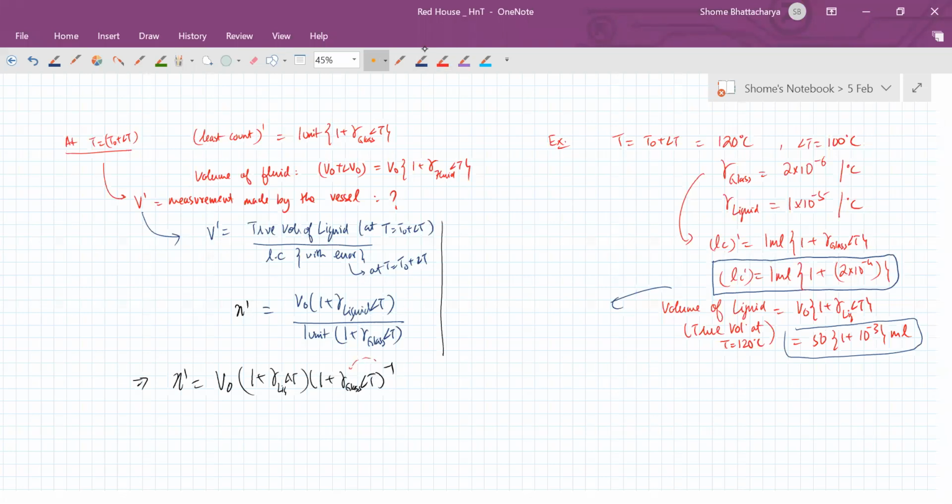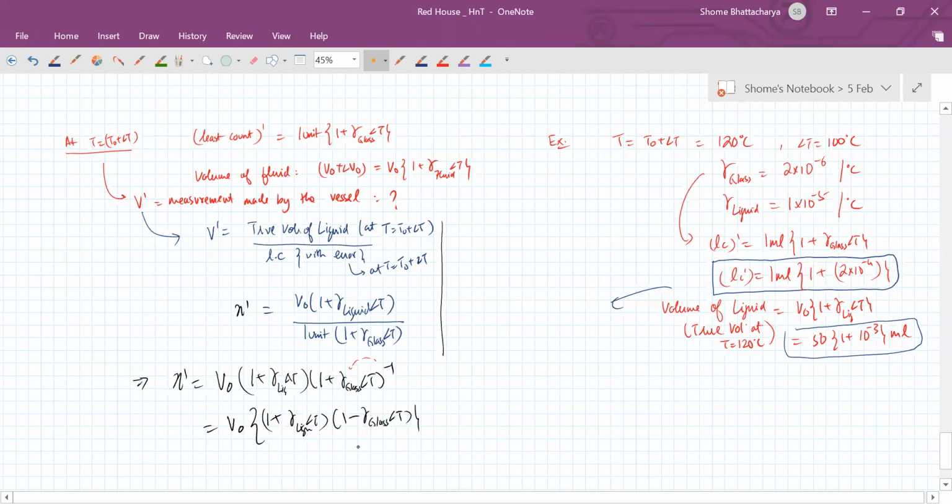So I'll bring this inside this power. So it will become V naught into 1 plus gamma of liquid delta T into 1 minus gamma of glass into delta T. And then I will expand this and neglect the fourth term, which has the product of two gammas. So this is actually 1 plus gamma of the liquid minus gamma of glass into delta T.